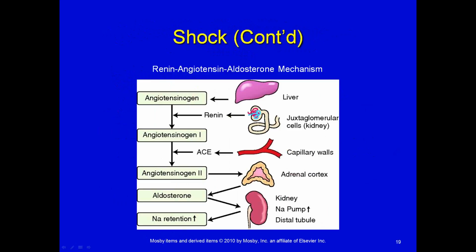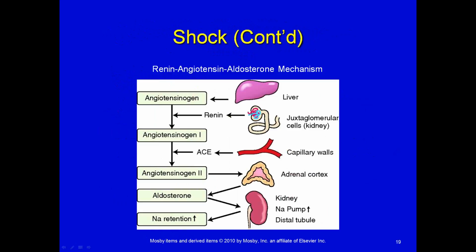Within the capillary walls, an angiotensin converting enzyme, or ACE, is released and combines with angiotensin 1 to form angiotensin 2. Angiotensin 2 stimulates the adrenal cortex to release adrenaline and also release aldosterone.